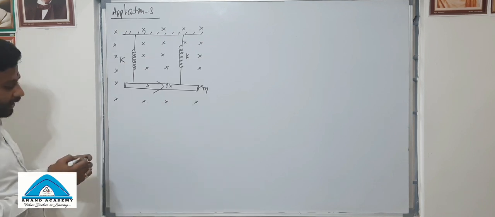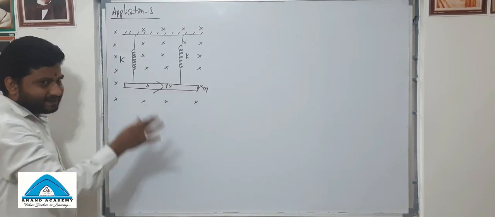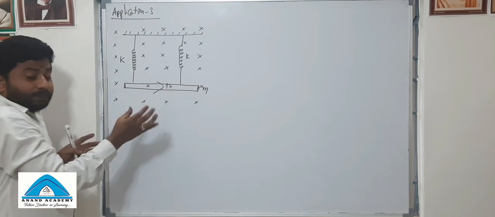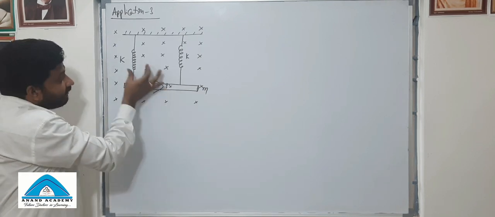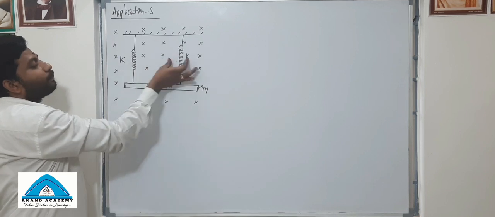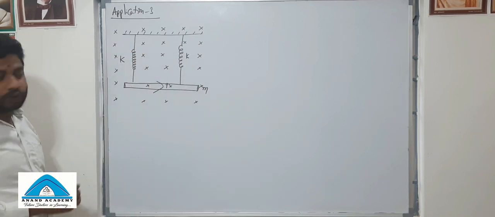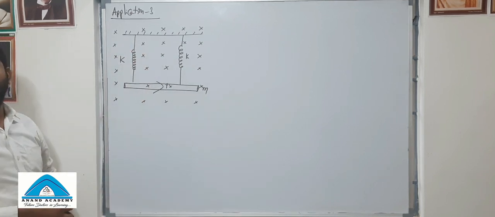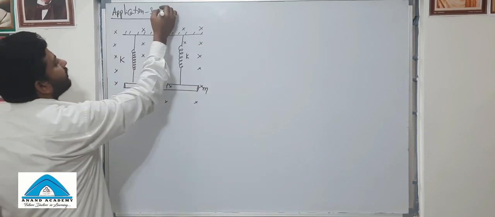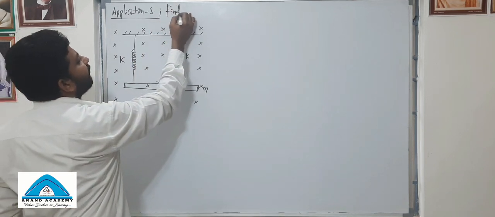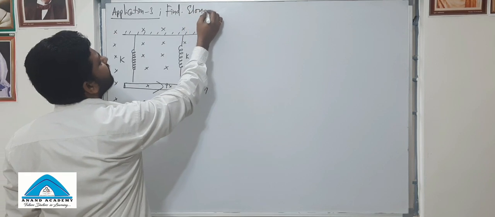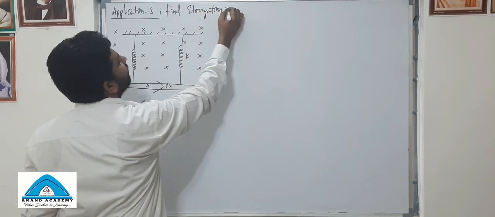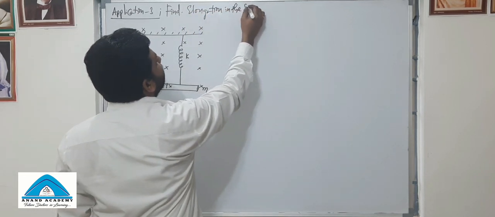Definitely, after some time, because of the weight of the conductor, there will be elongation produced in both the springs. The question is to find the elongation in these springs. So, what is application number 3? Find the elongation in the springs.